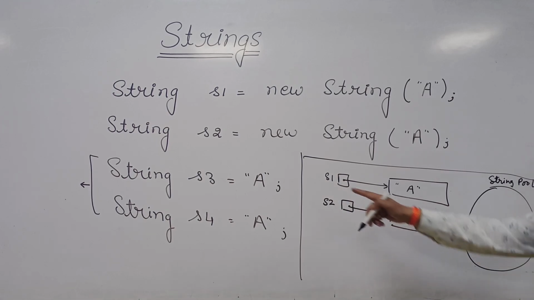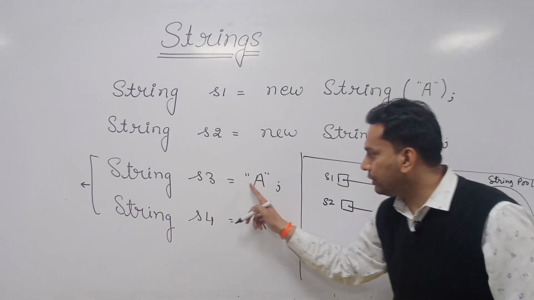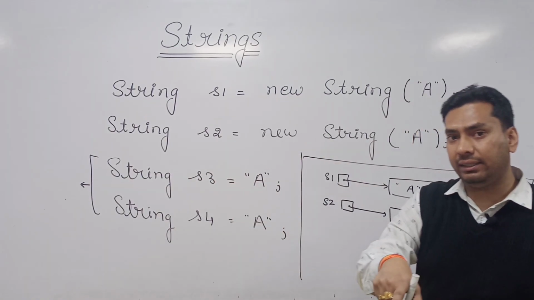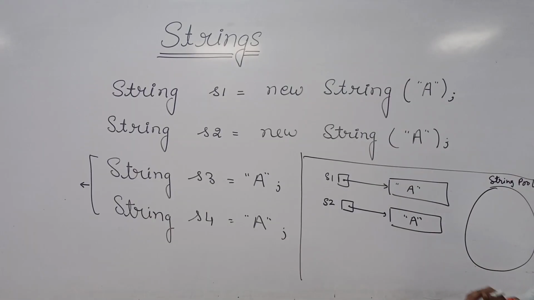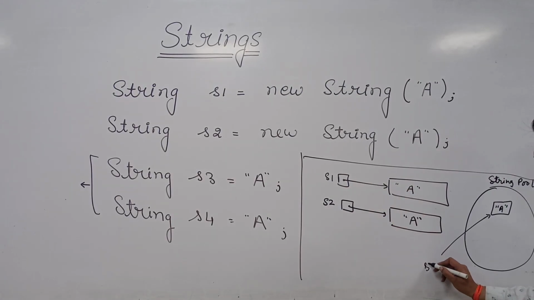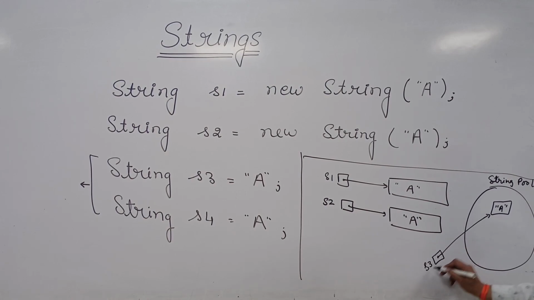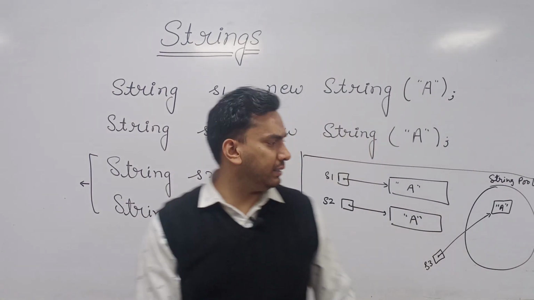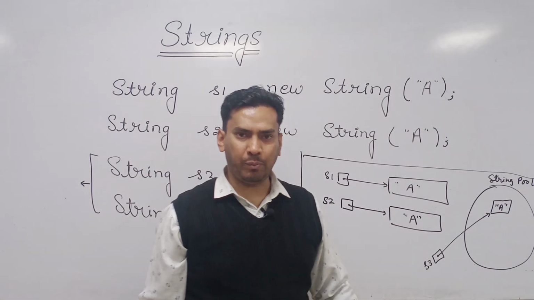So it finds there is no string A in the string pool, and it will create a string A here, which will be referred to by the new reference variable S3. So S3 will be referring to this intern string.